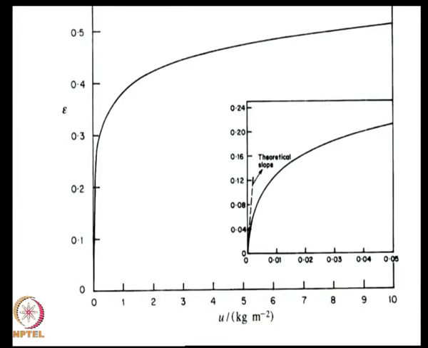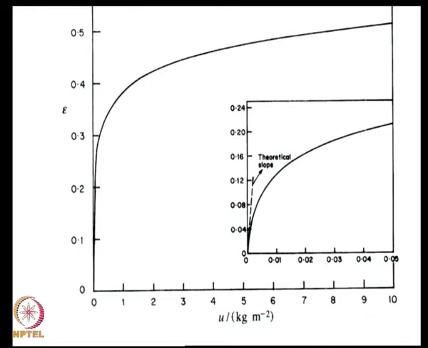So, here is a plot of the emissivity of water vapor as function of the path length of water vapor. Now, in the outer figure here you see water path length going from 0 to 10 kg per square meter, and the emissivity rapidly increasing in the first few centimeters and then gradually increasing to a high value after a large path length.